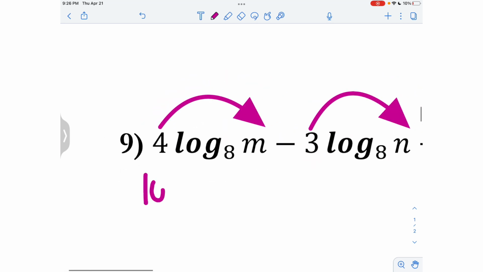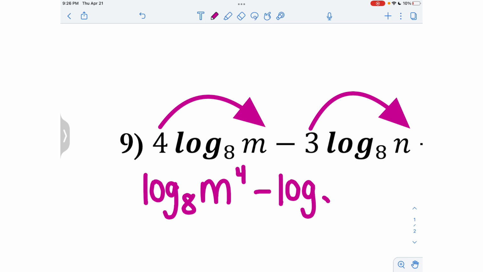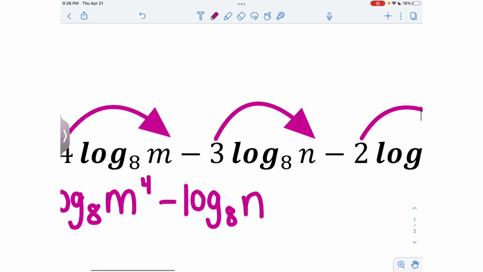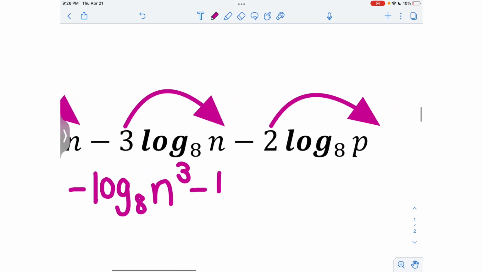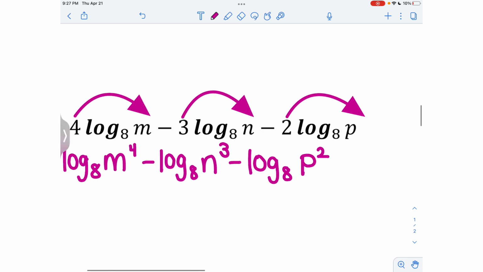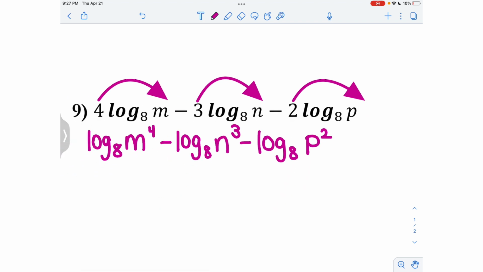So we get log base 8 of m to the 4th minus log base 8 of n to the 3rd minus log base 8 of p to the 2nd. And now anything that is positive goes to the top of the fraction, and anything that has a minus in front of it goes to the bottom.